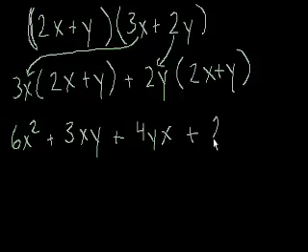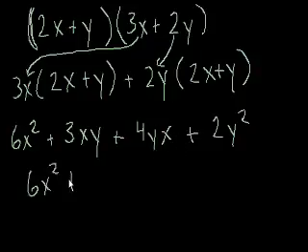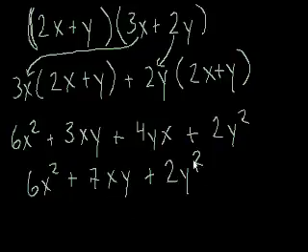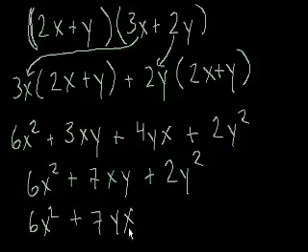Well, that's just 2y squared. Now can we simplify anything here? Think about it a little bit. It turns out that xy and yx are the same thing. They're just switching the order. So you could just rewrite this as 6x squared plus 7xy plus 2y squared. And we could have just as easily written it as 6x squared plus 7yx plus 2y squared. Hope I'm not confusing you.